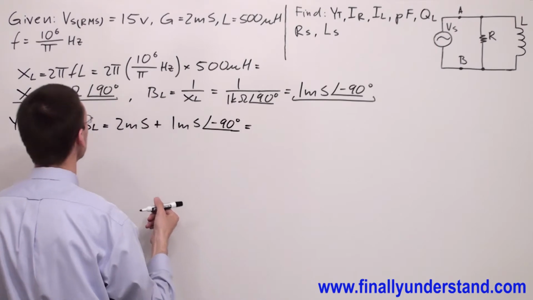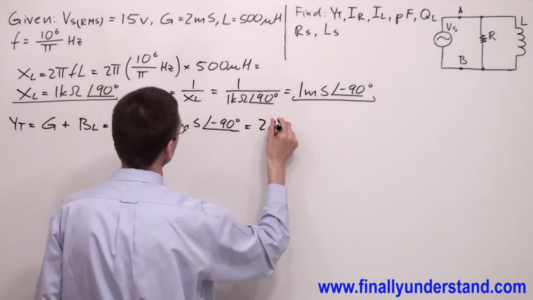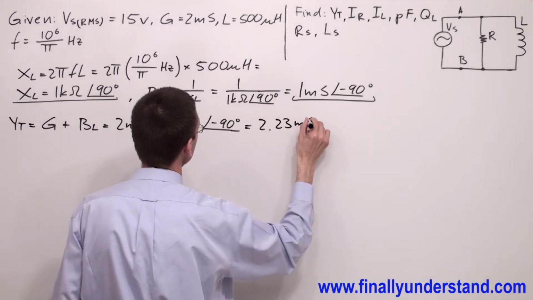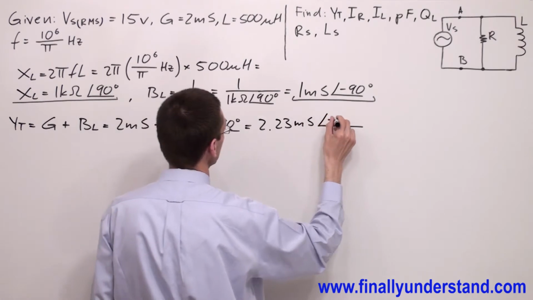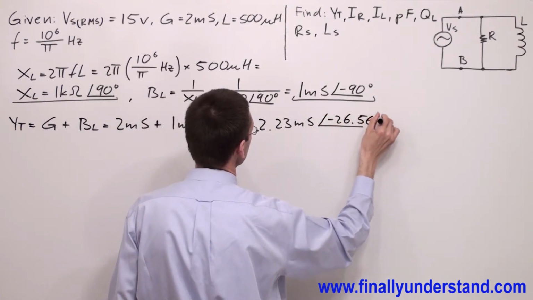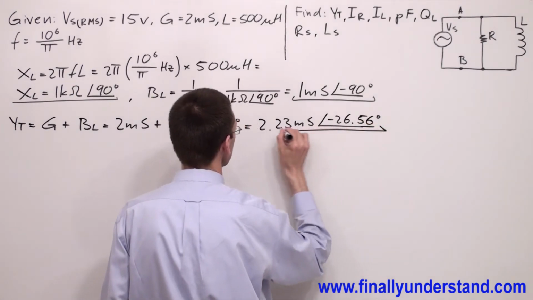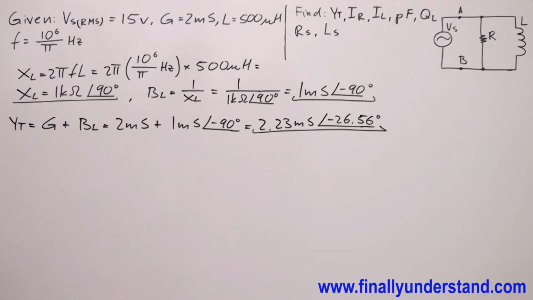Use the calculator. You're supposed to obtain the value of 2.23 millisiemens and angle of negative 26.56 degrees. This is the total admittance in my circuit.